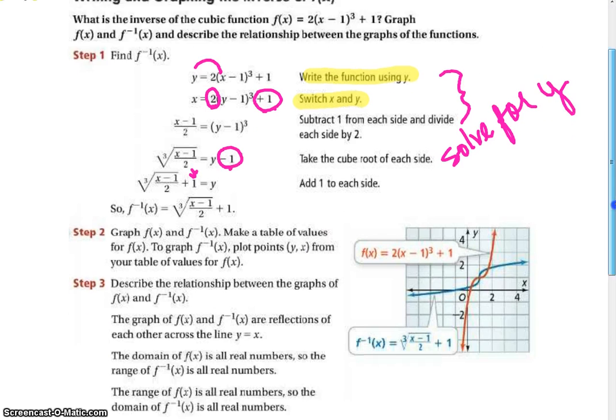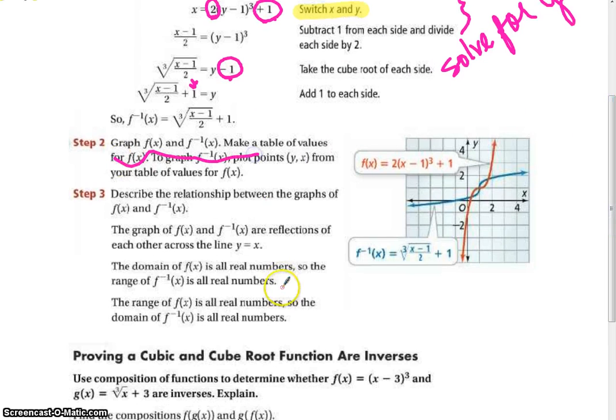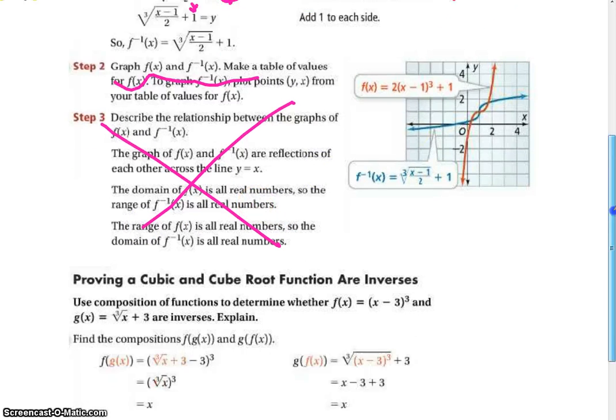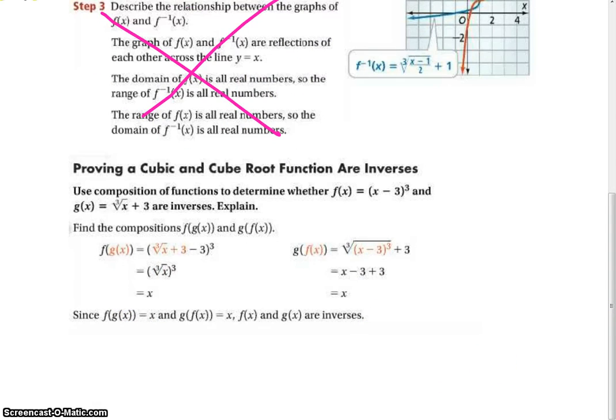Once again, you will not be required to graph, okay? I'm not really worried about describing the relationship. For our lesson today, I want you to be able to find the inverse. If they give you 2 cubic functions and they want you to prove that yes, they are inverse or no, they aren't, you use what we call composition of functions. You put one function in the other.